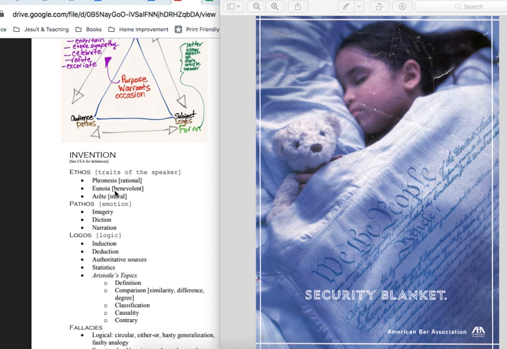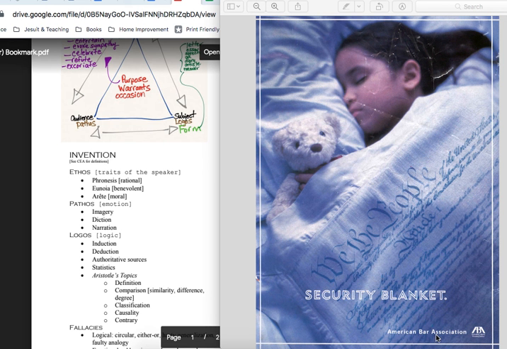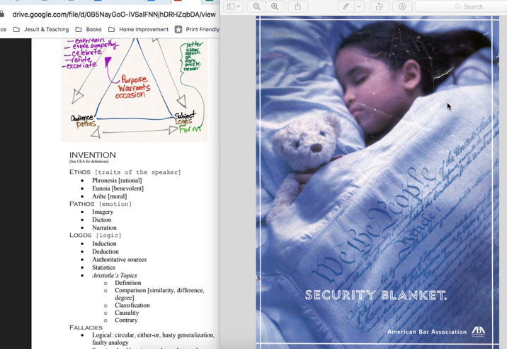So, is the speaker benevolent, kind? Well, if we look at this image, we have a blanket, a teddy bear, a young child who's peacefully asleep. This is an image of kindness, of serenity, and so the Bar Association is telling people it's a very kind organization. It cares for young people and vulnerable people.